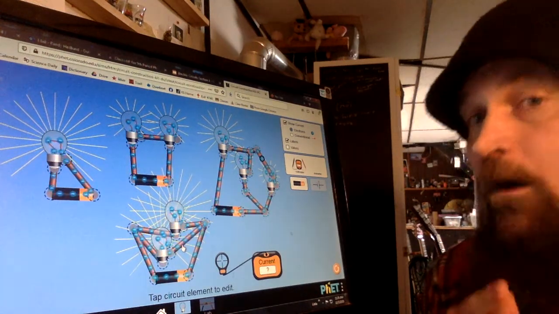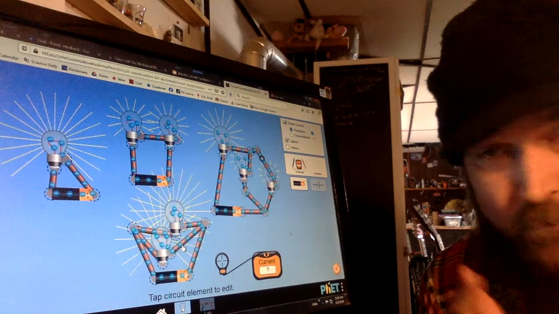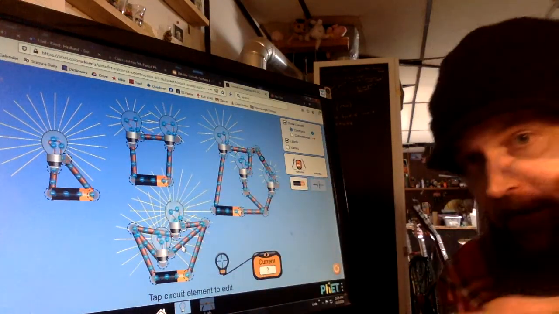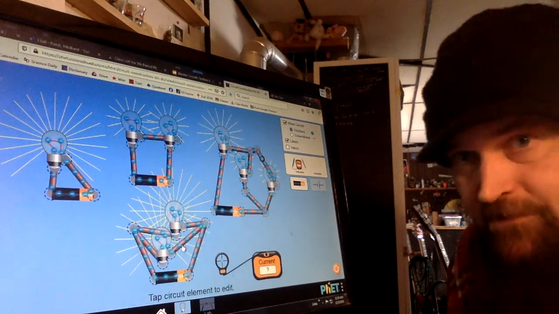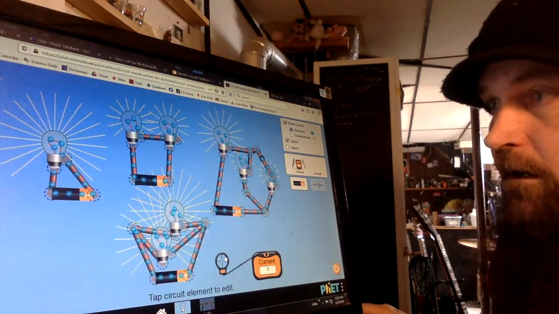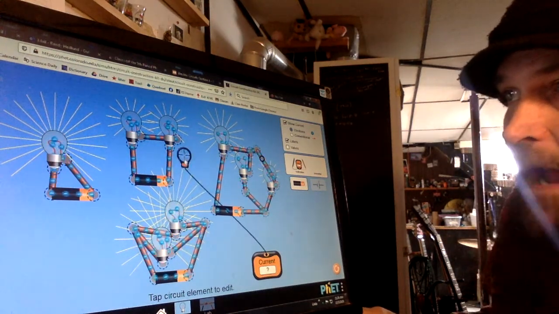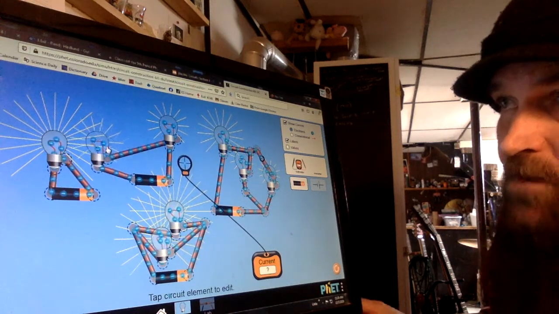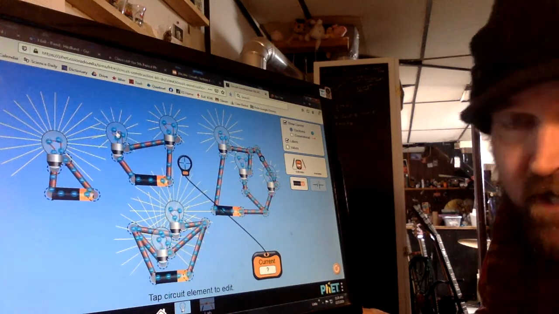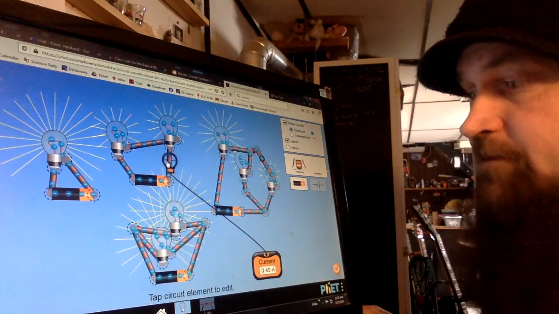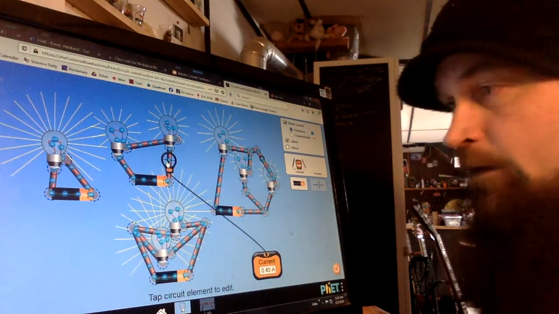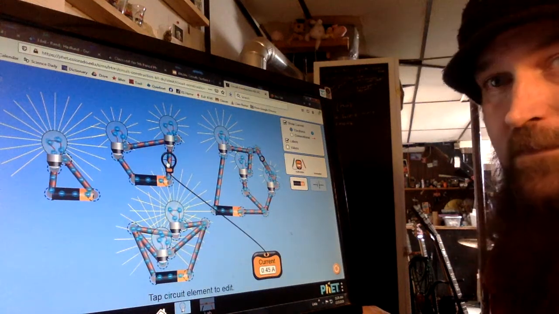All right. Now, what happens if you add a bulb in series? So we call that parallel. See, this is parallel. It's going at the same time. Whereas a series, like a TV series, you watch one after the other. What happens to the brightness? Well, the brightness goes down. So brightness is an indicator of current. So the brightness went down, so the current went down. So if I measure, this is going to be 0.45. All right?